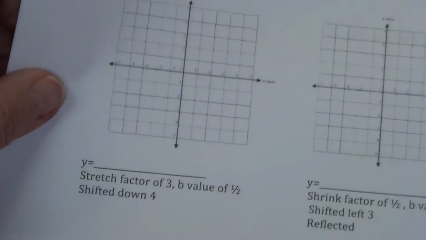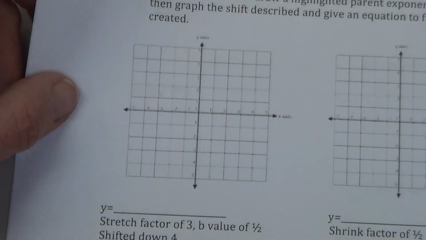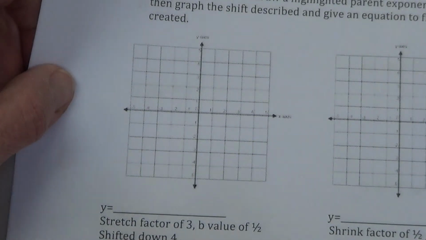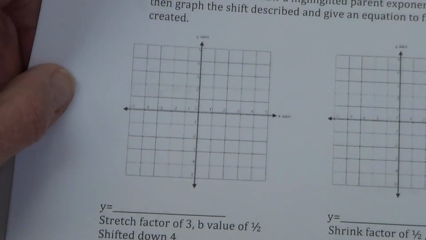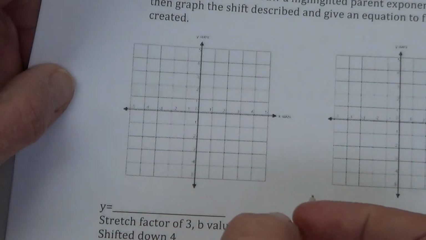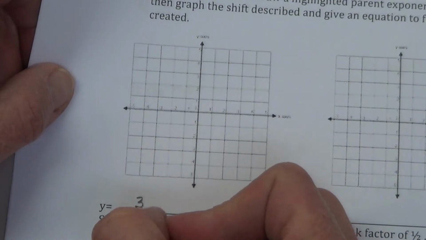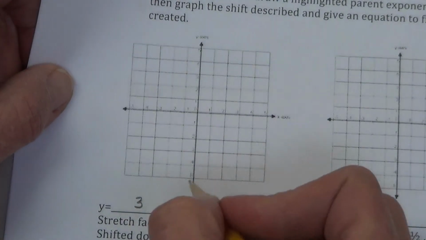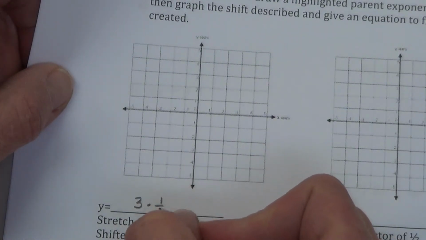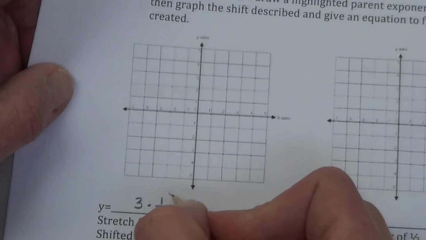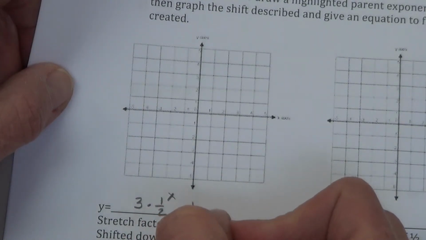Okay, so now I want you to come down and graph these. You can stop the video and graph these on your own if you want. This is all review. And then turn it back on. Check your answer. Stretch factor of 3, that would be your a value out front. Your b value is 1/2. And it shifted down 4, so that would be a -4.